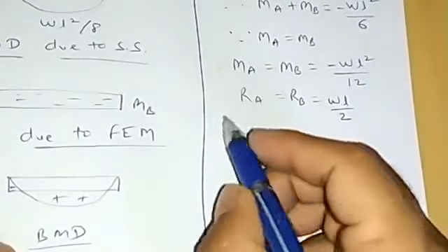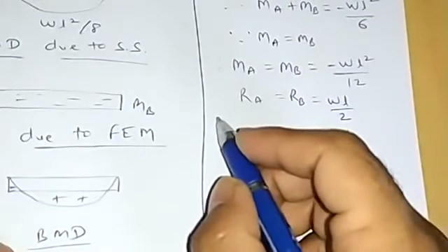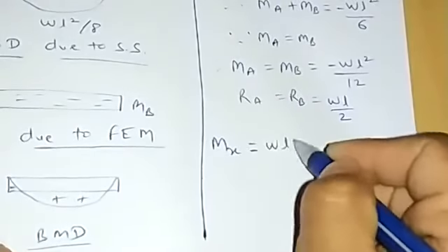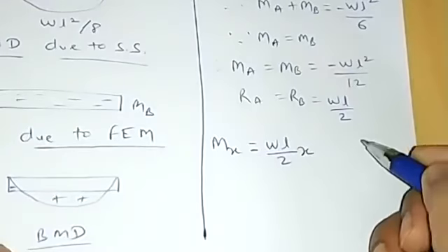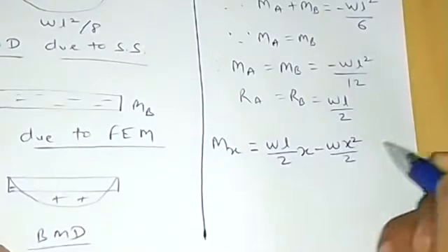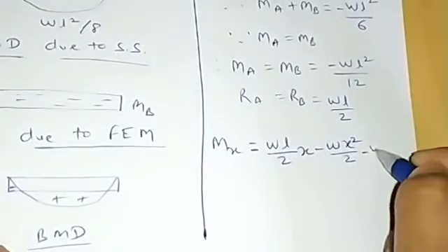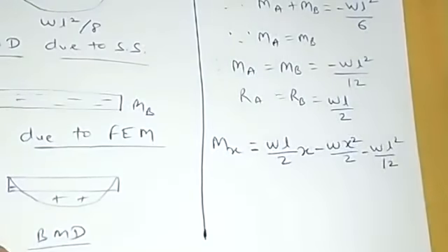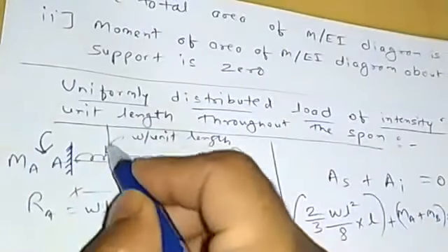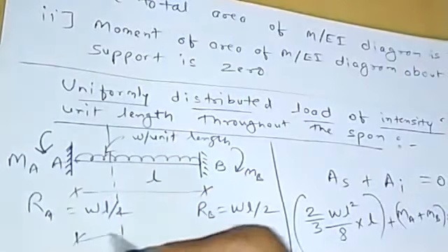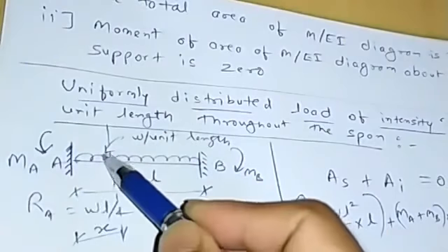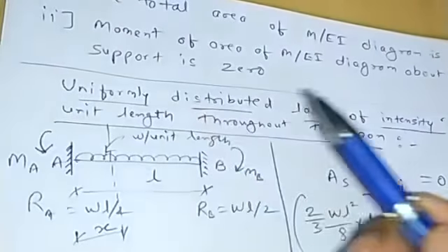So again, let us take a moment at distance x. So Mx would be equal to WL by 2 into x, minus W into x square by 2, minus WL square by 12. If we consider moment about this part, we'll have the contribution because of RA, because of this load, and this moment.